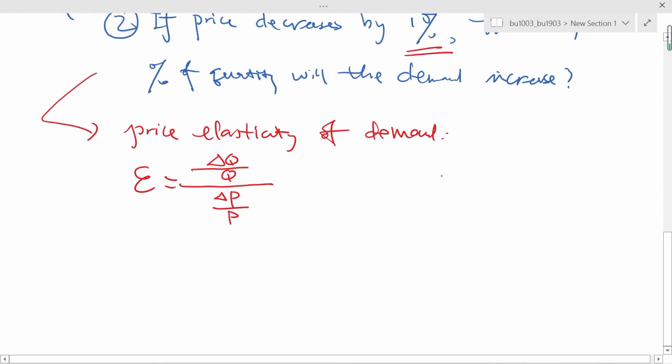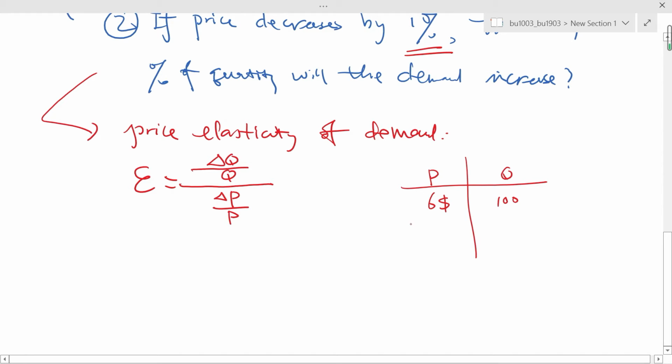Let's look at an example here. Suppose we have price and quantity data like this. Suppose this is demand for ice creams. Initially the price of ice creams is $6, and the quantity of demand is 100.